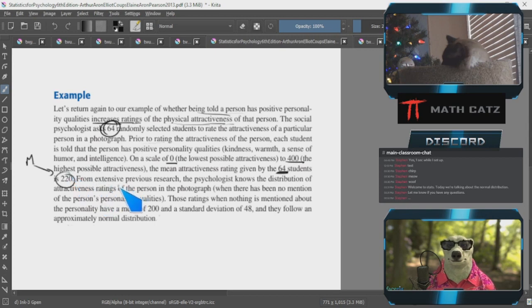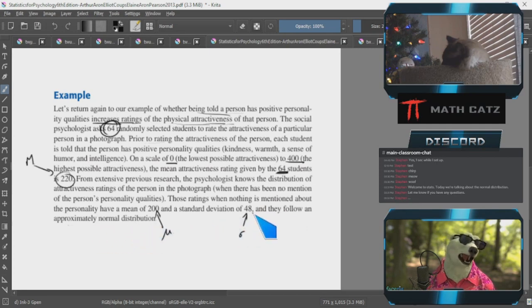And from prior research, that we can take as fact, the distribution of attractiveness ratings of people in photographs with no mention, just the population, those ratings have a mean of 200, so that's my population distribution mean, and a standard deviation of 48. And they follow an approximately normal distribution.